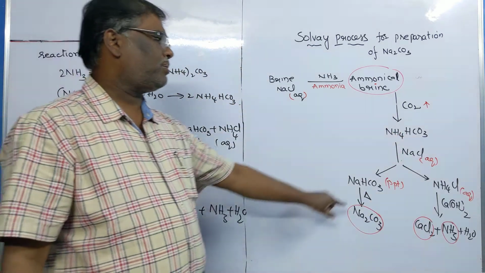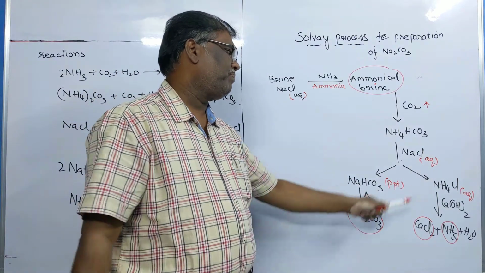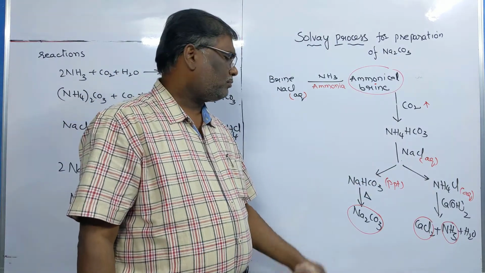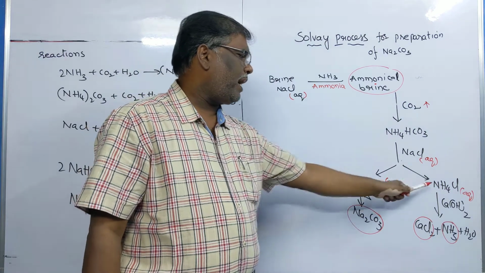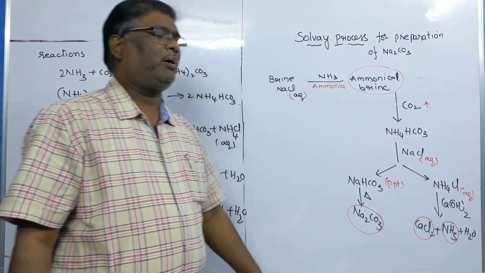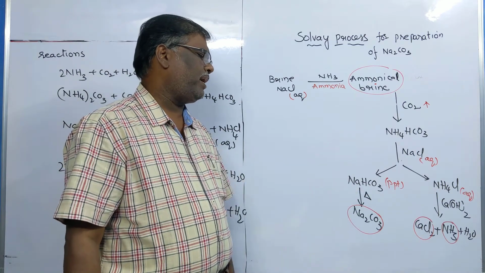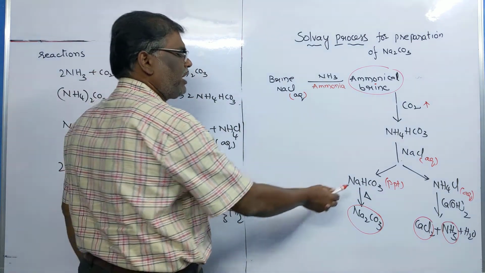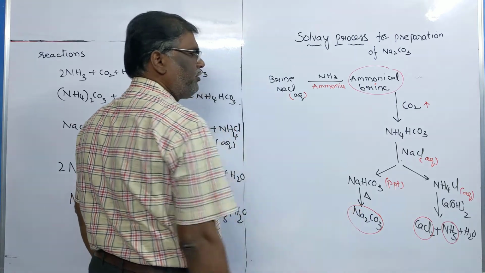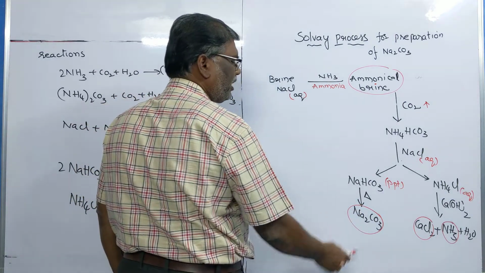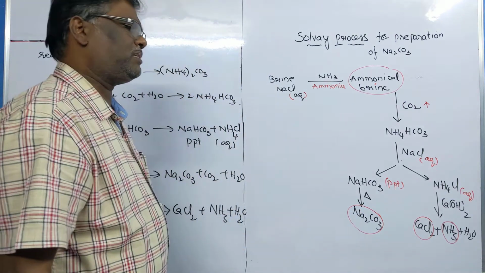This ammonium hydrogen carbonate is treated with NaCl, and a water insoluble solid and a solution are formed. The water insoluble solid is nothing but sodium bicarbonate. It is taken out by filtration and is ignited. On ignition we get sodium carbonate crystals.